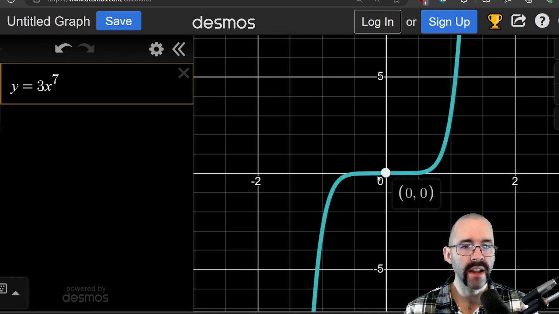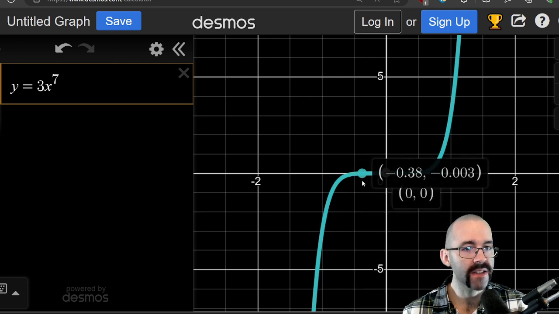Look, to the left of here, it's concave down. We have that kind of half of a negative parabola look. And to the right of 0, we see concave up. It's kind of like half of a positive parabola. It's opening up. The slopes are getting bigger, concave up. Here, the slopes are getting smaller, like the pandemic leveling off.